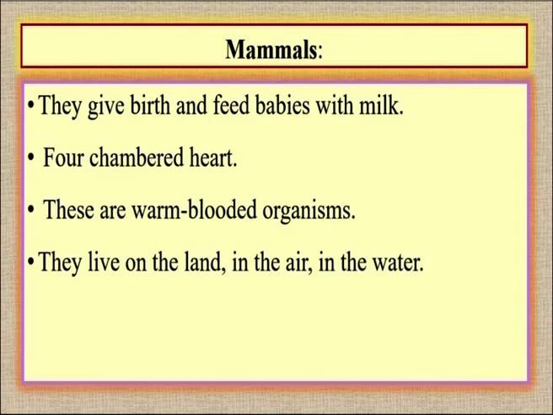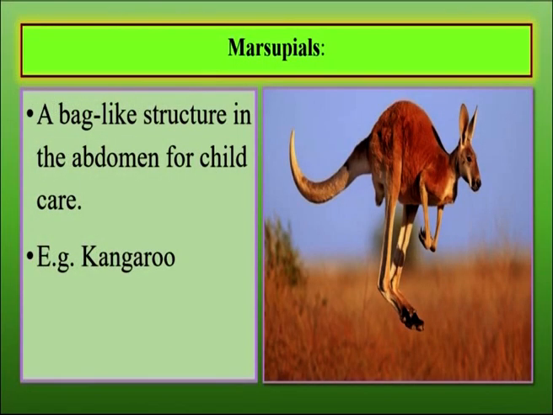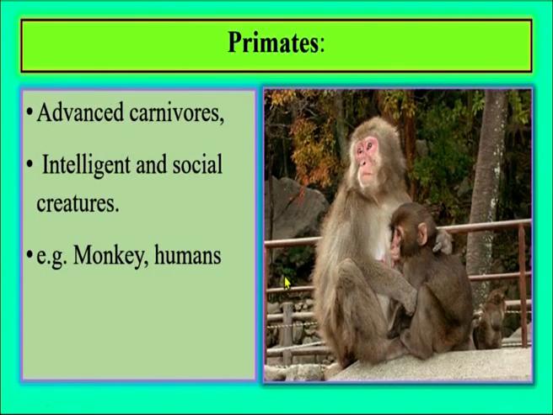They live on the land, in the air and in the water. Marsupials, children, you might have seen the kangaroos. A bag-like structure is present in their abdomen for child care. Example, kangaroo. Primates, primates are advanced omnivores. They are intelligent and social creatures. Examples, monkey and humans.